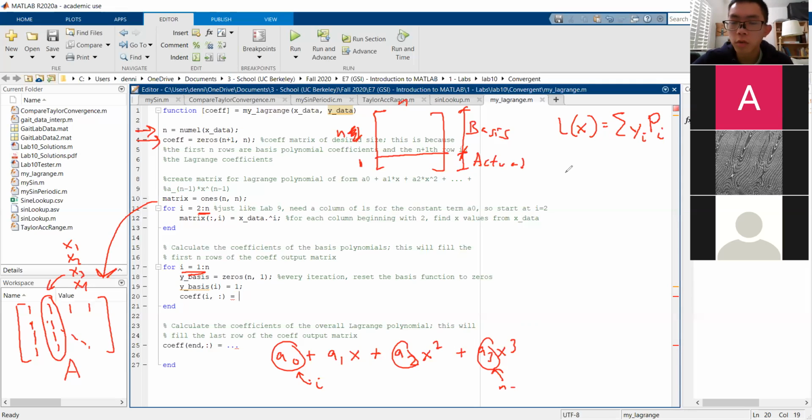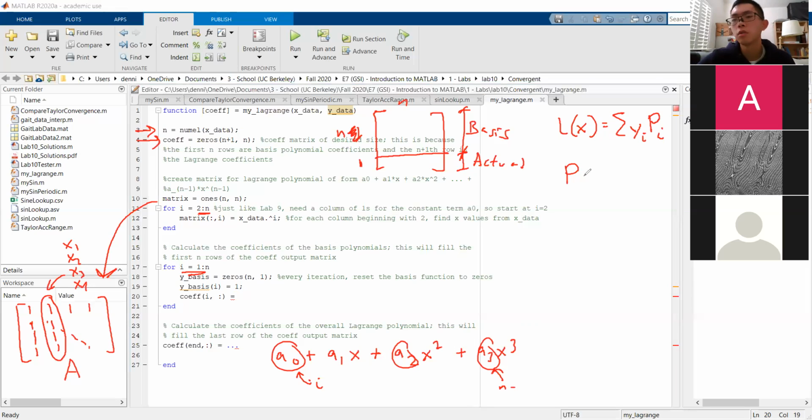Okay, so P is going to be a vector, right? Yeah, it's going to be a vector of all zeros except for one number. So let's say my I equals 3. So the third element is going to be 1, and the rest are going to be 0. That's what that looks like.